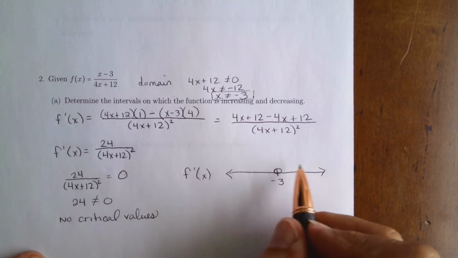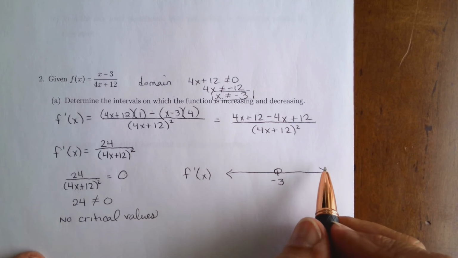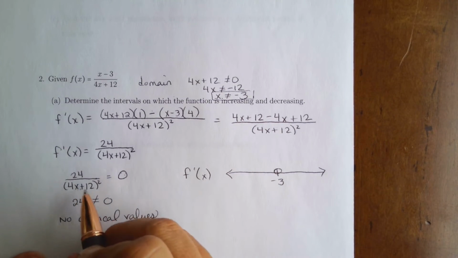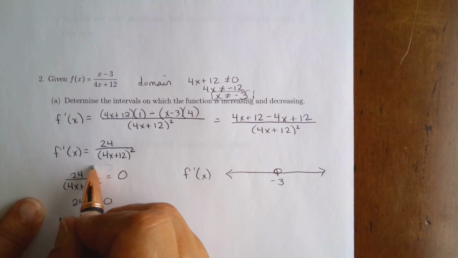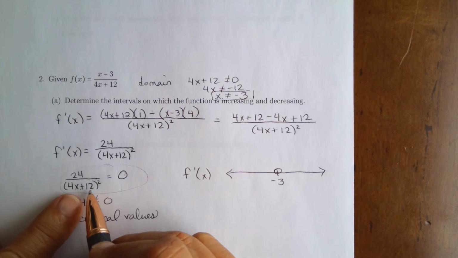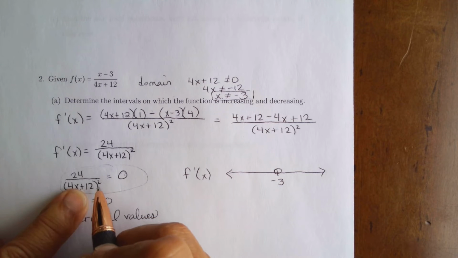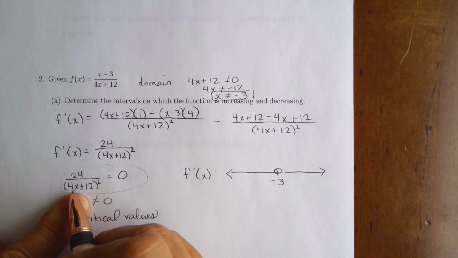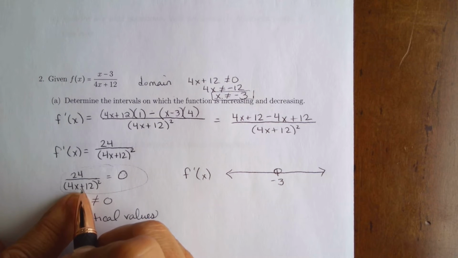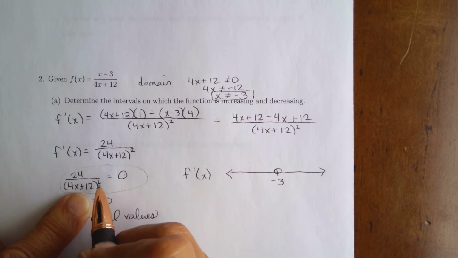So I still need to make sure what's going on both sides of this function. When I look at this, because this is what I'm going to plug my test points into, whatever I put in the bottom and square, the bottom is always going to be positive. I don't care if x is a positive or negative number, smaller or larger than negative 3. Whatever I get in here, positive or negative, when you square it, it becomes positive.